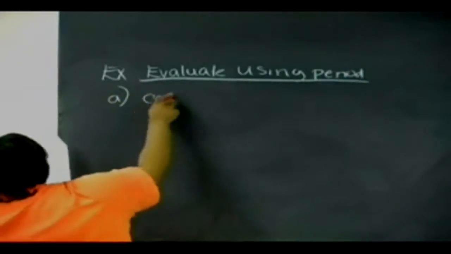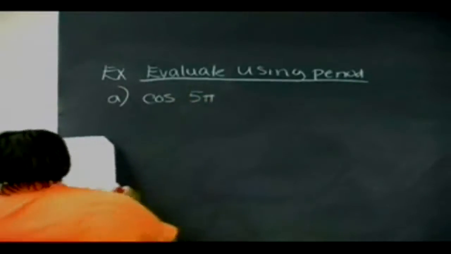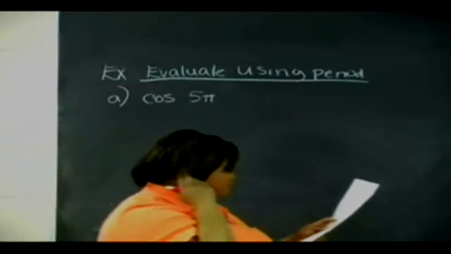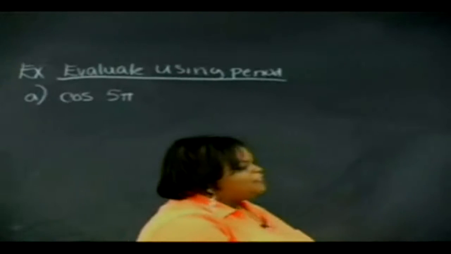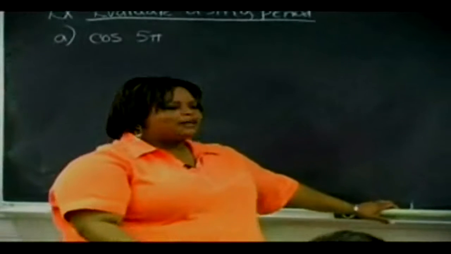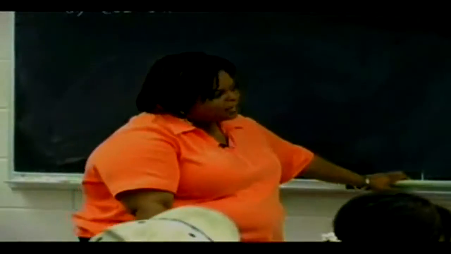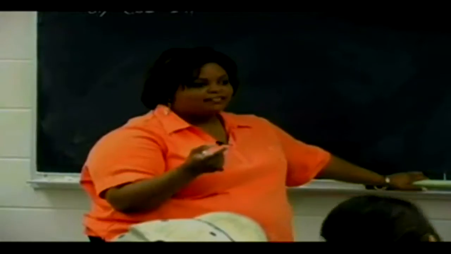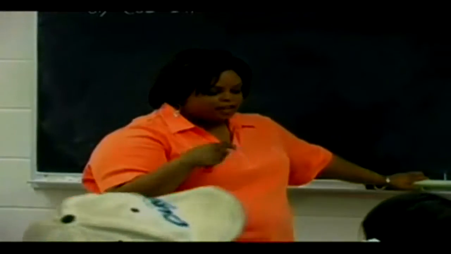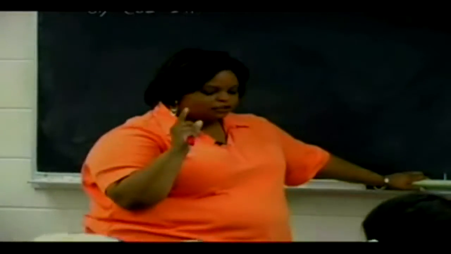For example, cosine 5 pi. Now, let's talk about this for a minute. We had over there that sine t equals sine t plus 2n pi, right? Which means that 2n pi will be like that c number we're talking about. The smallest number c.